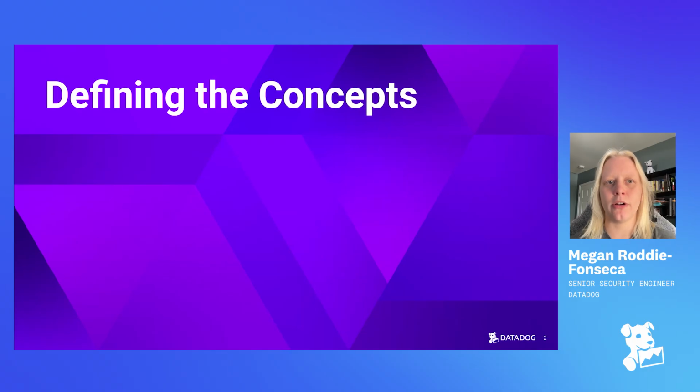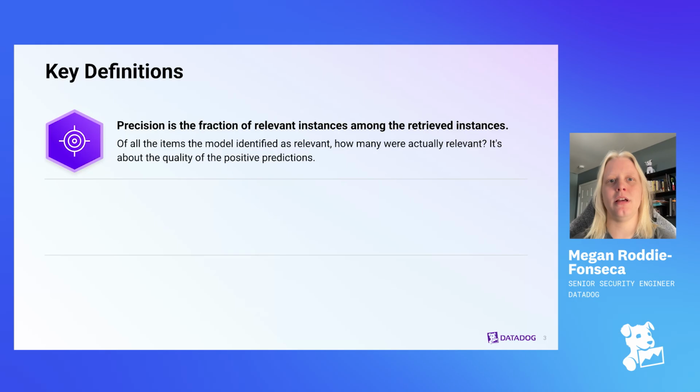So to start, we're going to look at precision. Precision is the fraction of relevant instances among retrieved instances. So out of all items the model identifies as relevant, so let's say alerts, how many were actually relevant? So this is the quality of positive predictions or our true positive rate. Then we're going to look at recall.